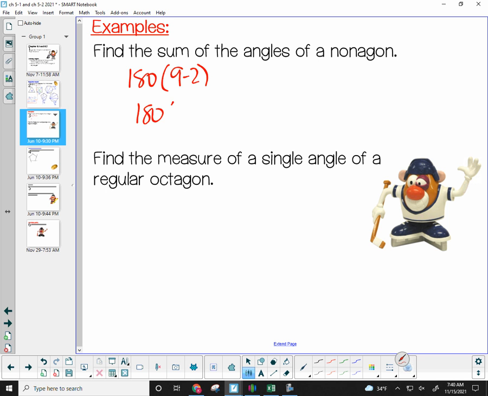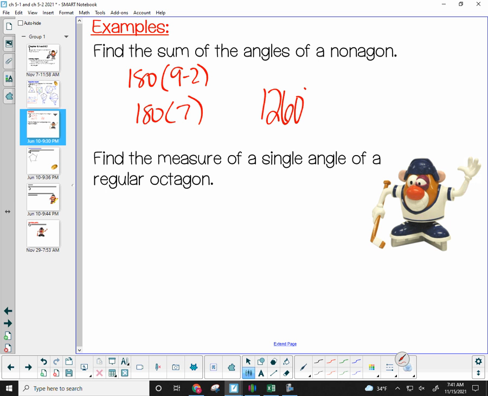So we need 180 times 7. What do you get? 1260. Good. So there's 1,260 degrees. That's a total of all the angles, so the sum of all my interior angles. Is that okay?